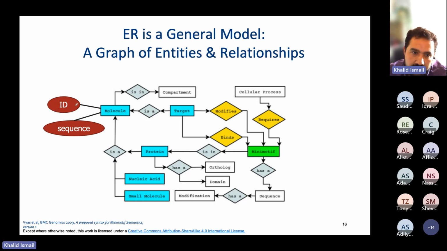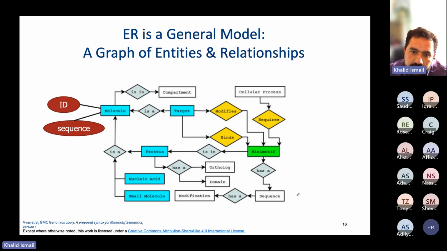The molecule has the properties ID and sequence. The small molecule is a subset of the original molecule, and the protein has a domain and ortholog, and the protein is a molecule in this case.